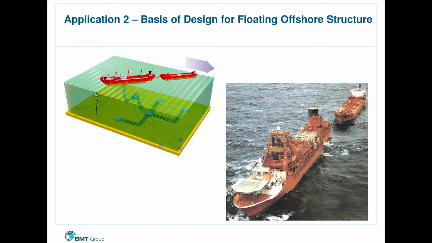And here we have what's called an FPSO, a floating production storage and offloading facility. It's essentially a big ship with containment, and it has what's called a turret mooring to a complex array of anchors.